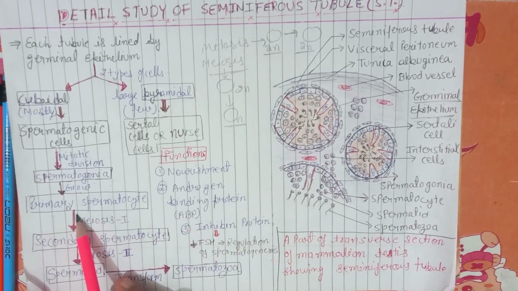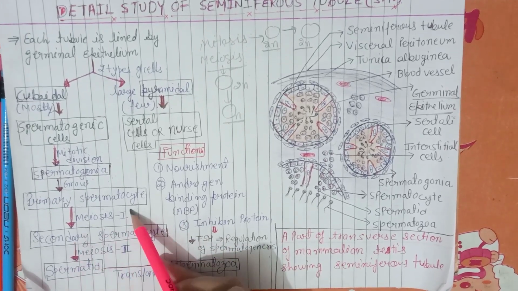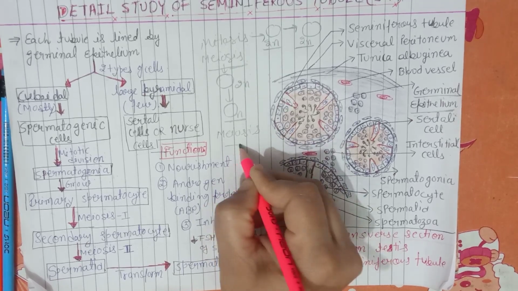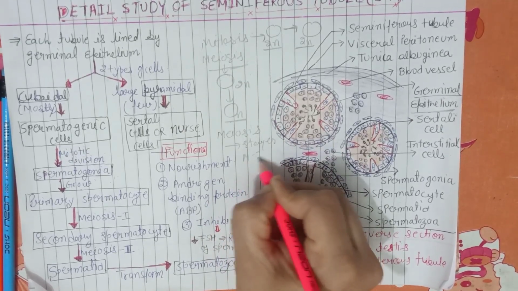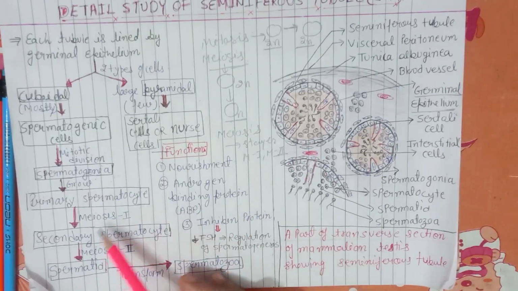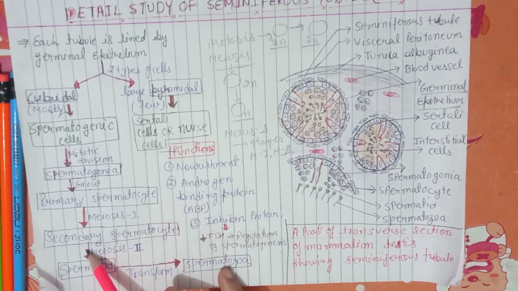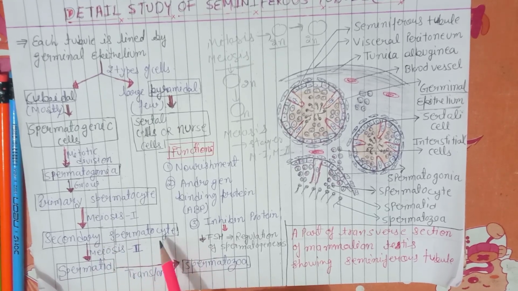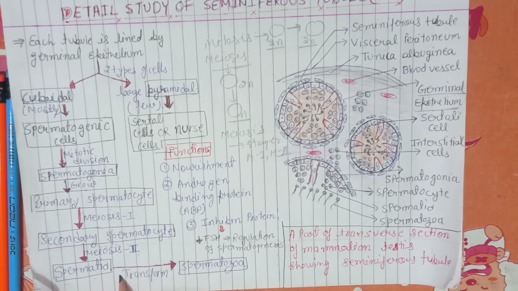Now the primary spermatocyte will undergo meiotic division. As we know, meiotic division has two stages: meiosis 1 and meiosis 2. By meiosis 1, the primary spermatocyte forms the secondary spermatocyte, and then the secondary spermatocyte will undergo the second meiotic division and form the spermatids.